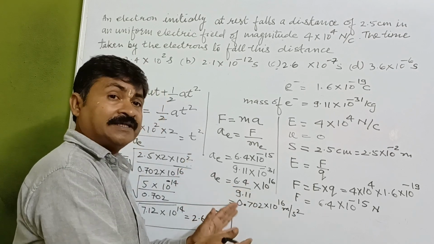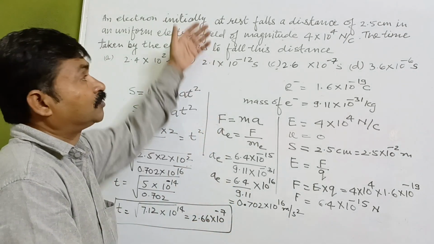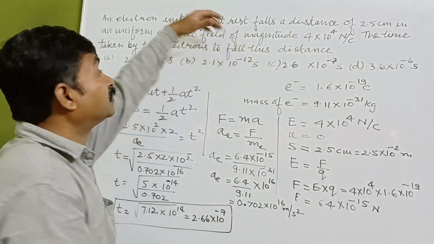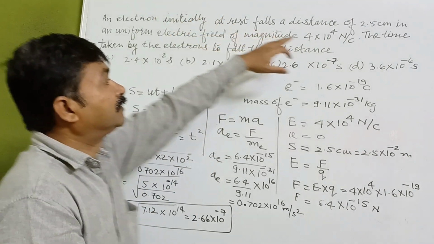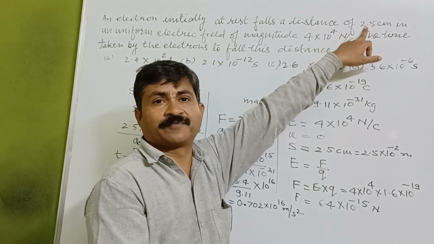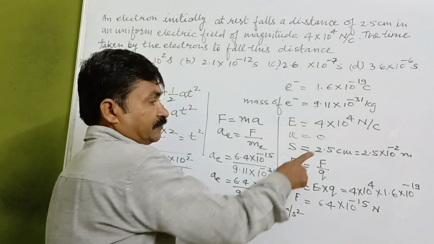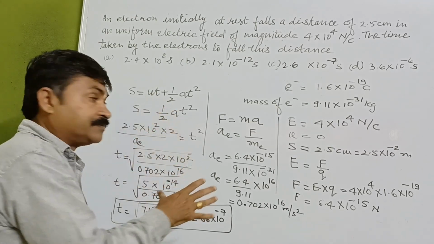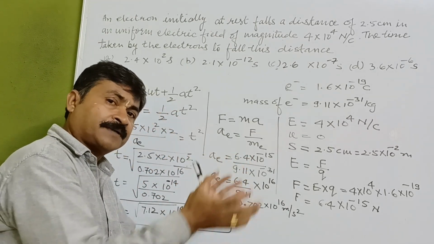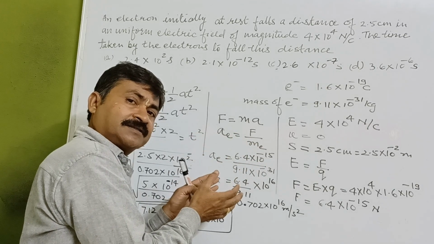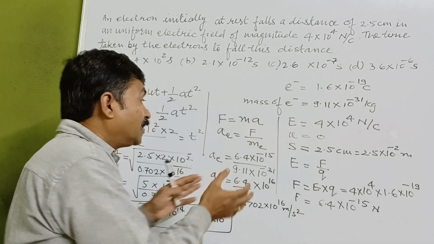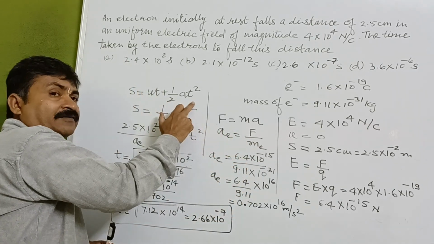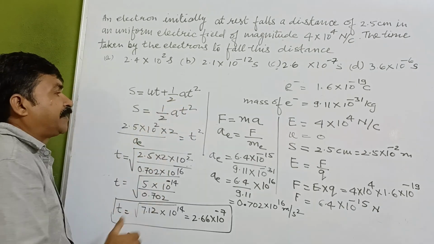Now once we have the acceleration, we need to know the time taken to fall the distance of 2.5 centimeter. So we can apply the second equation of motion; it is a combination of electrostatics as well as kinematics. We know this equation: S is equal to ut plus half at square.